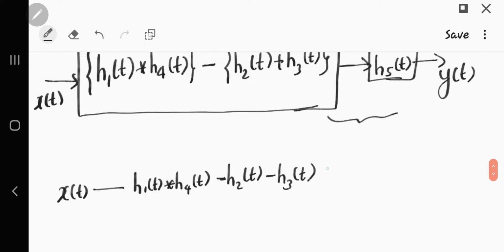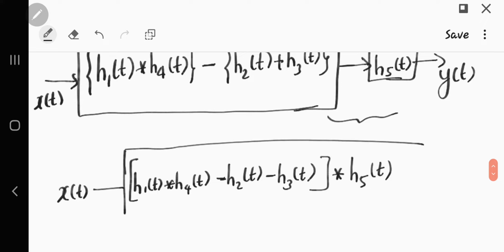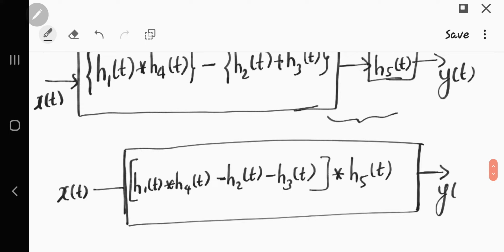This whole thing is getting convolved with h5 of t to get y of t.